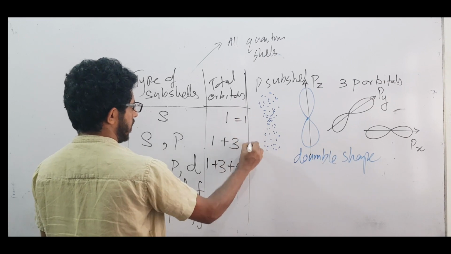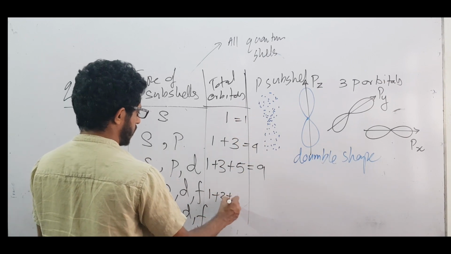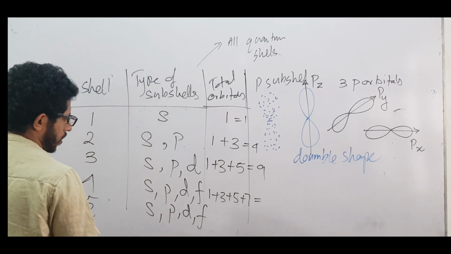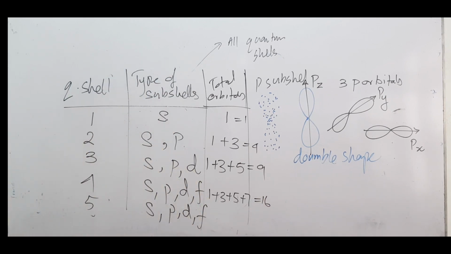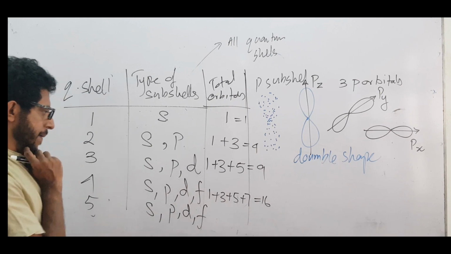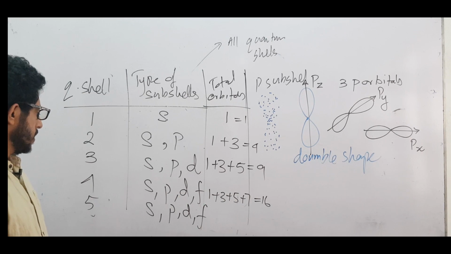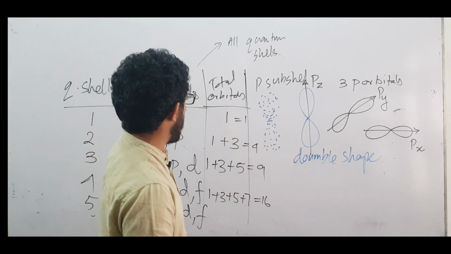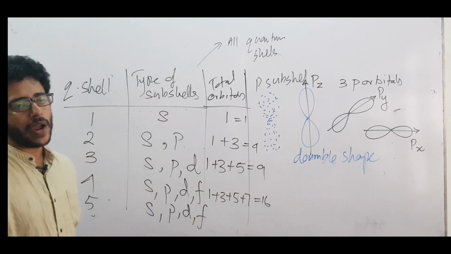So, here it is 1, here it is 4, here it is 9, then 1 plus 3 plus 5 plus 7, so then you will have a total of 16, right. So, a total of 16 orbitals in the fourth quantum shell. So, these are the number of orbitals you have. This is what you have to remember.